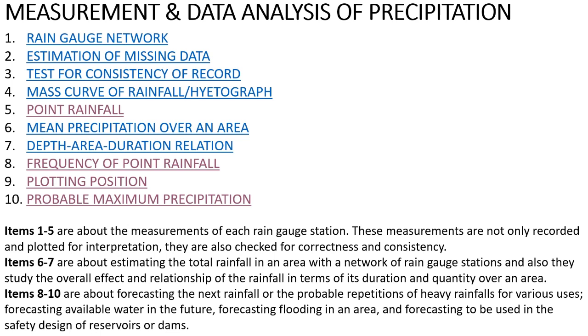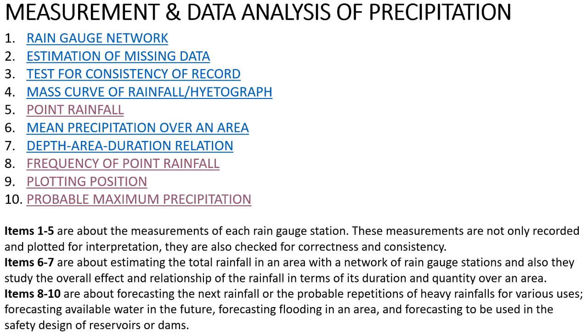So, each rain gauge network, lahat ng data na re-record nila, they should be consistent and of course correct. Kaya kapag may isang, syempre, hindi maiiwasan, there are times na may masisirang isang instrument, so nagkakaroon ng missing data. So, meron din tayong estimation to cover that, kumbaga, error due to missing data.